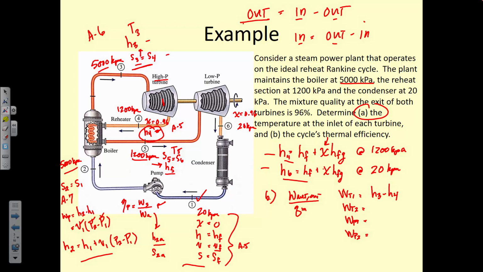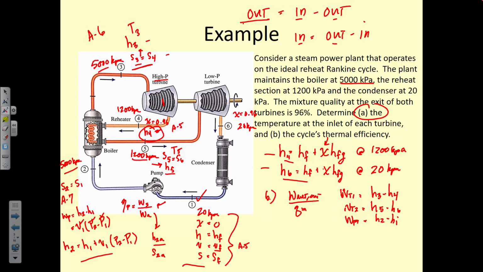Work of turbine 2 will be what? H5 minus H6. What about the work of the pump? Well, there's only one pump. It's H2 minus H1. So it's an in, which means it's out minus in. Okay, so that's our work term.